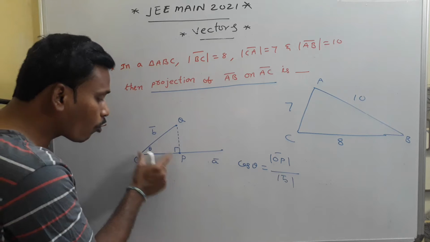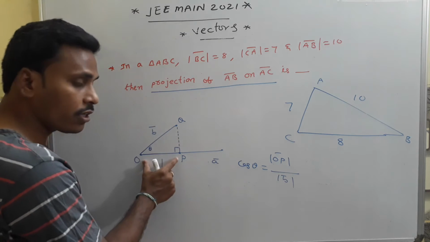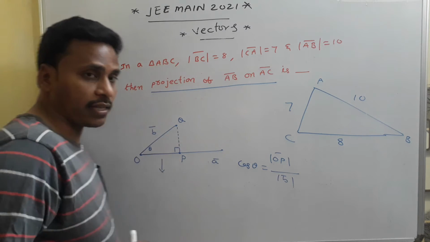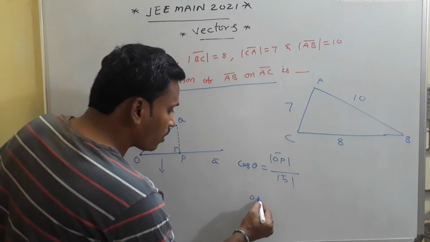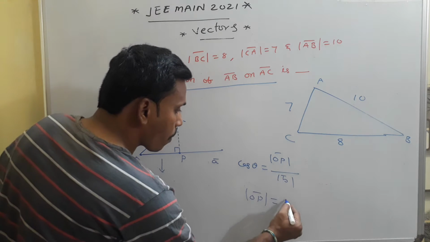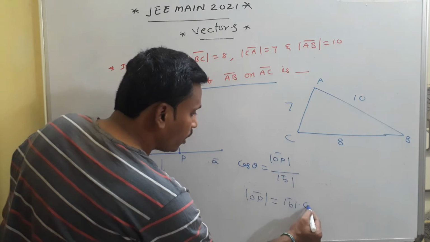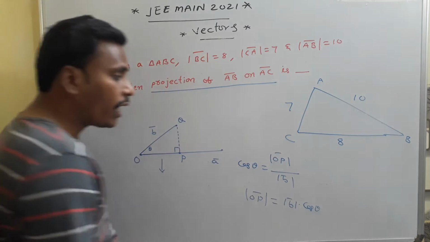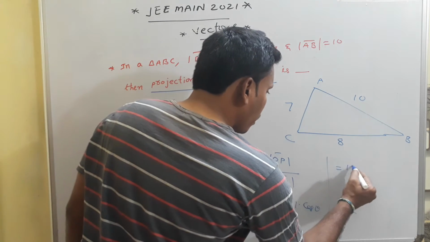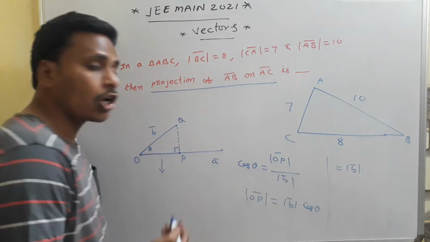Since we need this OP bar, the projection of this B bar on this A bar, that OP bar is equal to modulus of B bar into cos theta.